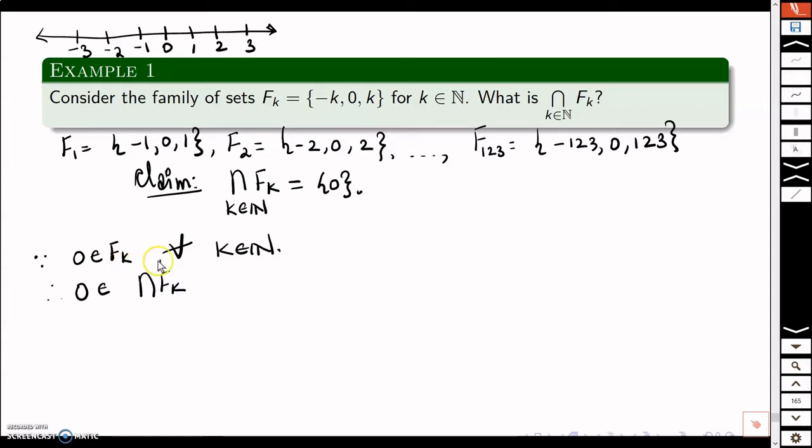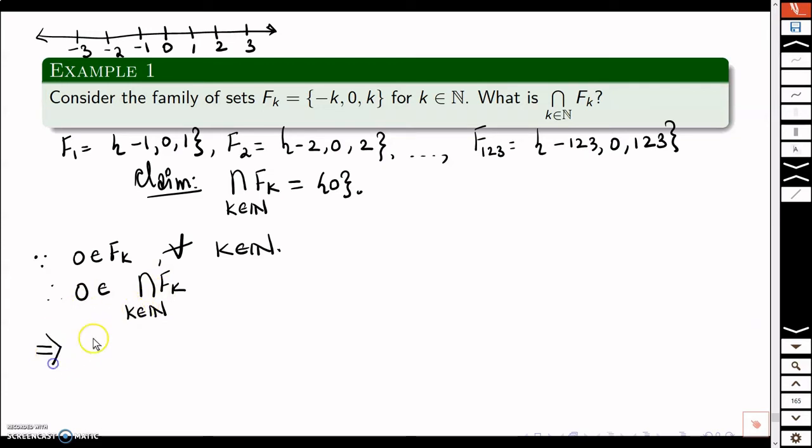Because it is there in all fk's, for each k it will be coming in the intersection of all the fk's, right? So this point 0 is there in the intersection of all the fk's.